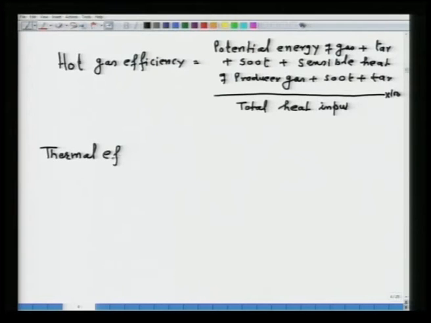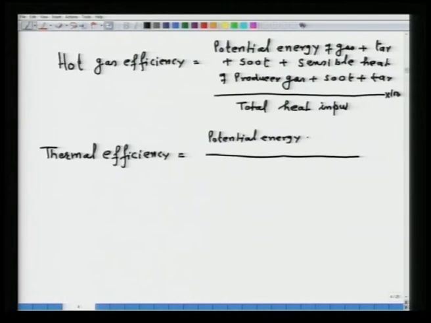Thermal efficiency is equal to potential energy of gas, I mean the producer gas, plus enthalpy of steam in producer gas, because you know the producer gas contains water, but it is at high temperature, so it is in the form of steam.